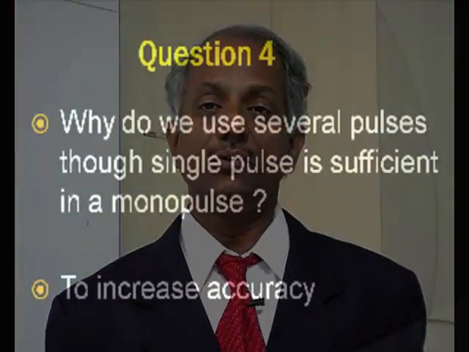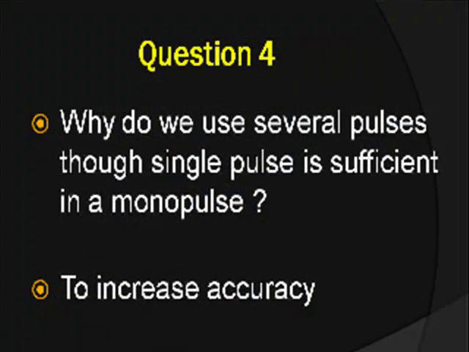Why do we use several pulses though a single pulse is sufficient in the case of a monopulse? Yes, by design, a single pulse is sufficient to get the information on the range as well as azimuth angle or elevation angle, or both, depending on the capability of the monopulse.